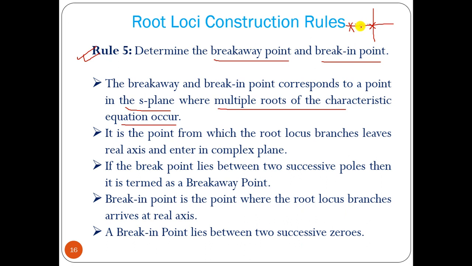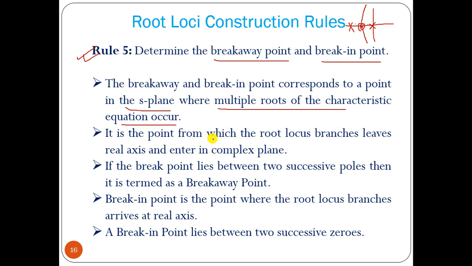That is the point where it breaks away, and it goes along the asymptote line to infinity. It can be in any direction; the angle we can find out by the angle of asymptote. And in that condition, the system will be critically damped, because we have the same root value.